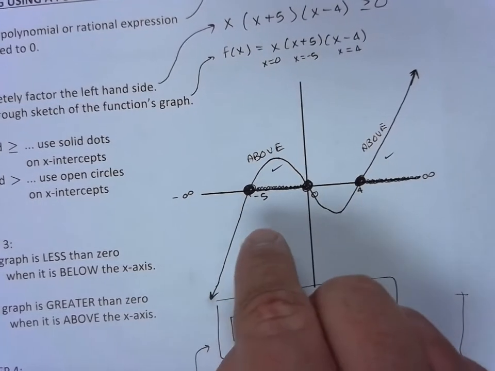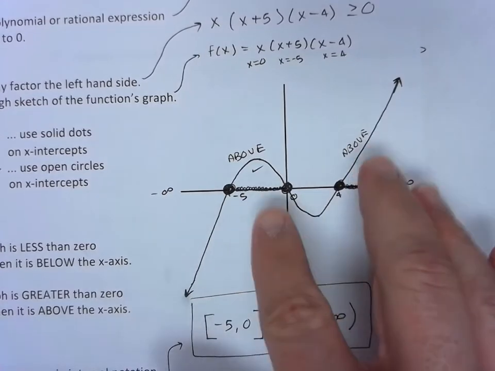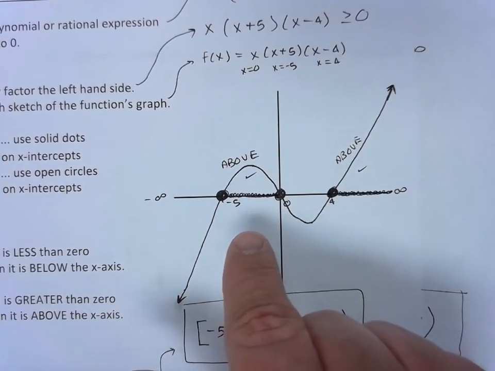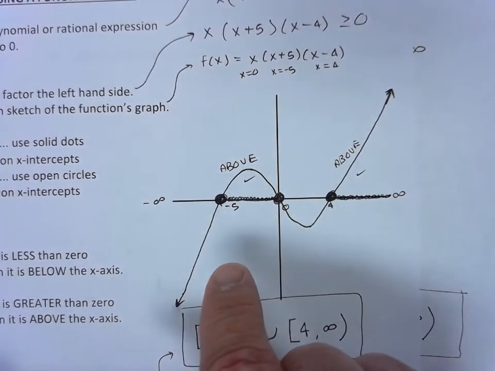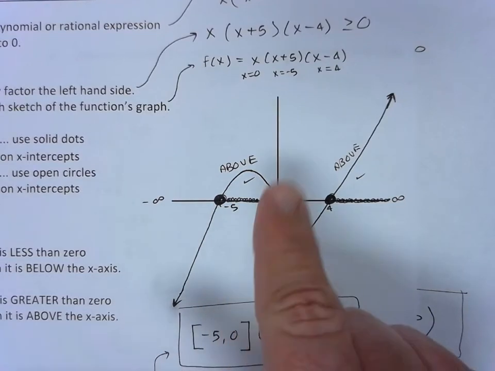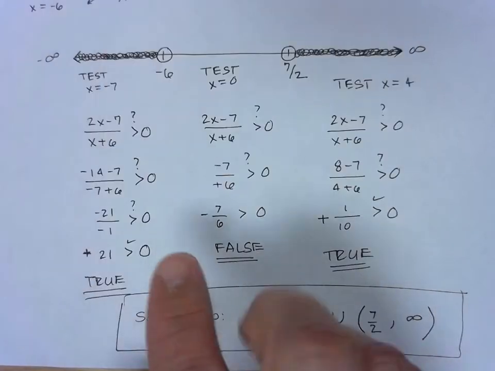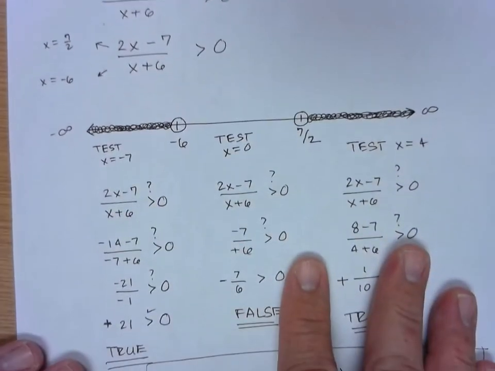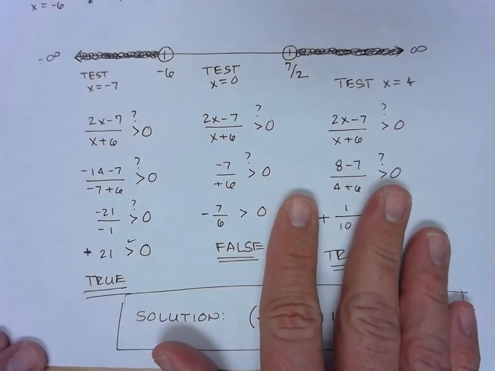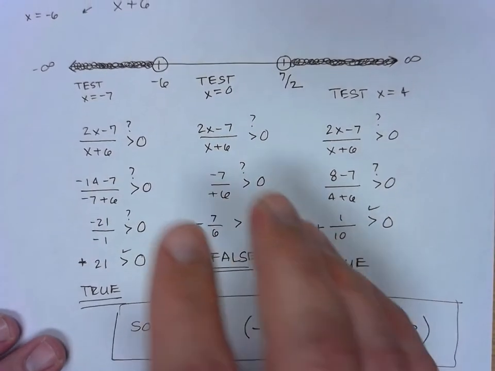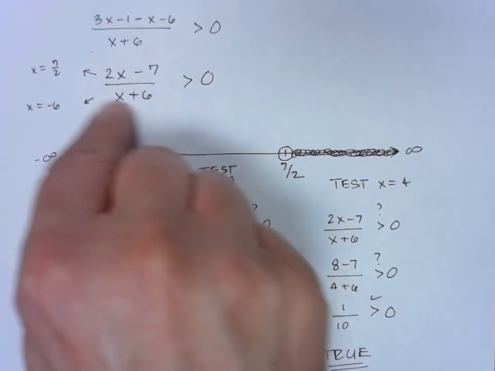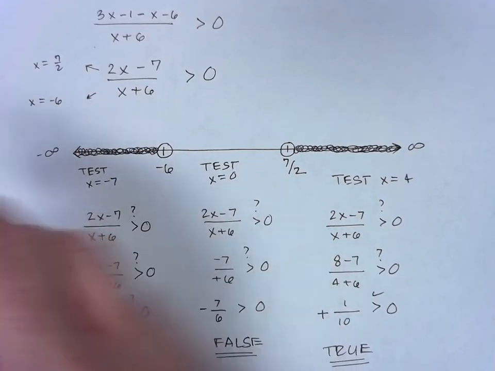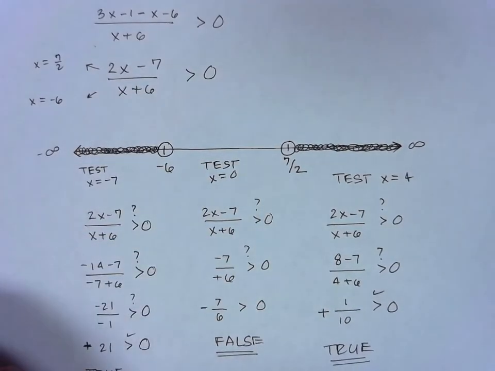So the best time to use this graph method, which is really great, is on polynomial inequalities, when you don't have to worry about asymptote behavior, vertical or horizontal. I mean, if you want to try one of these inequalities with the graphing method, you're welcome to, because it does work. You just have a lot more graph analysis in constructing a function that looks like this than you do a polynomial function. Okay.